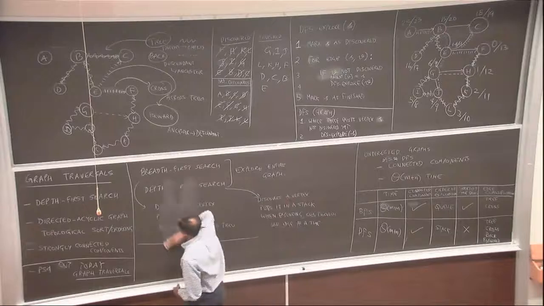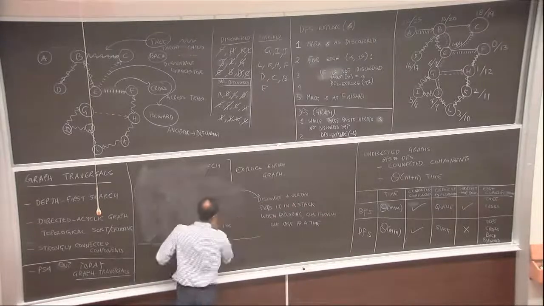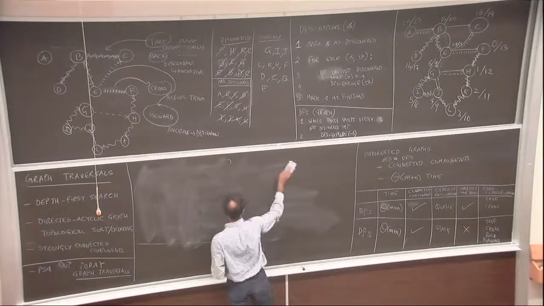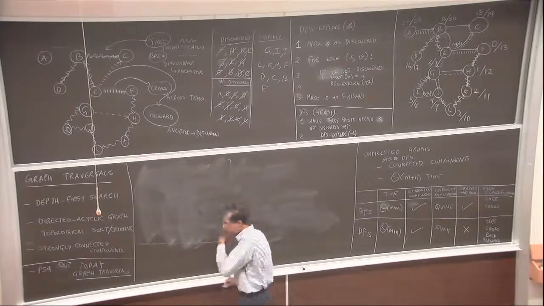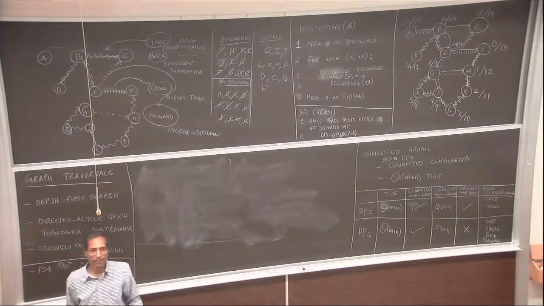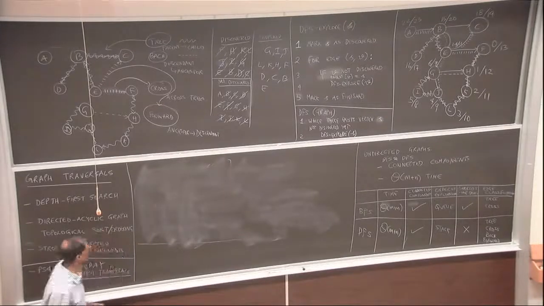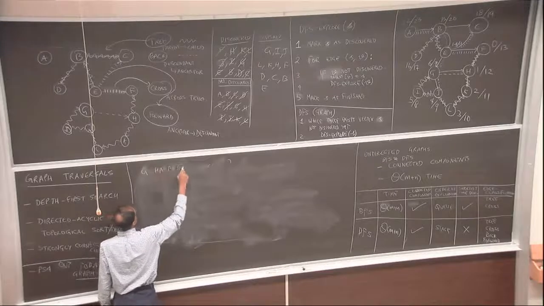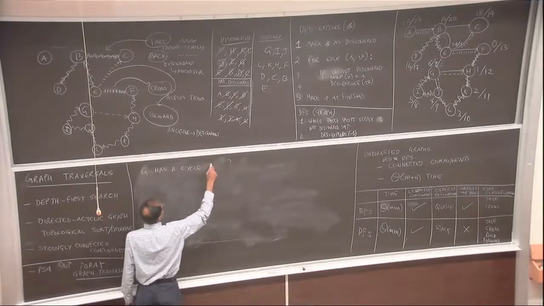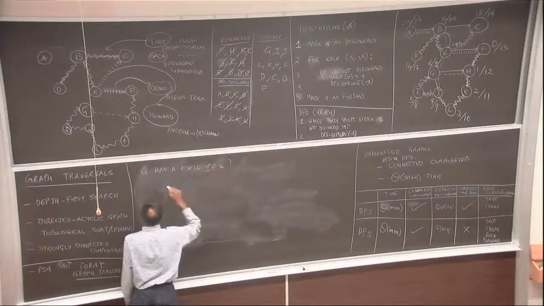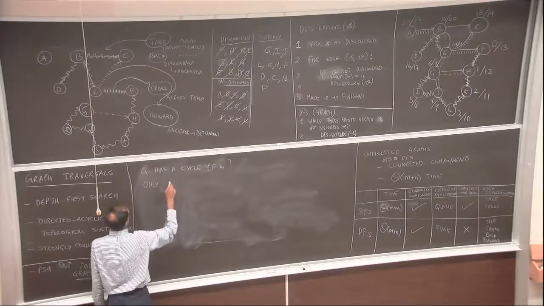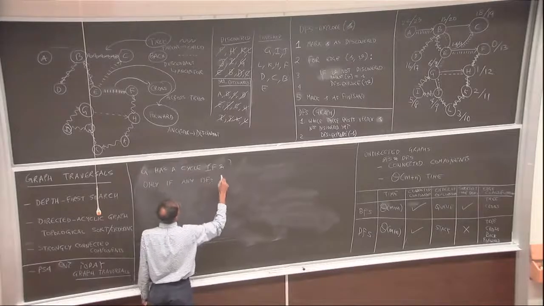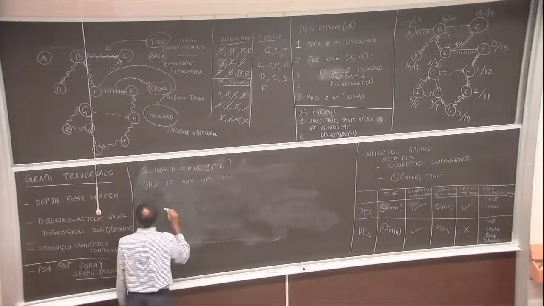And this is where it doesn't matter how you run the DFS. So we'll prove this: G has a cycle, this is a directed graph, if and only if any DFS finds a back edge.